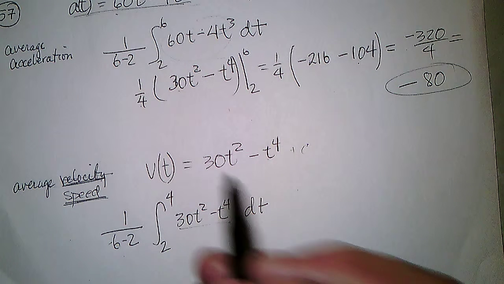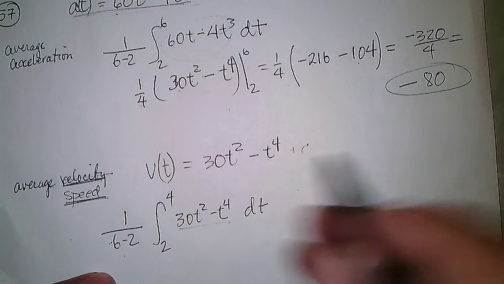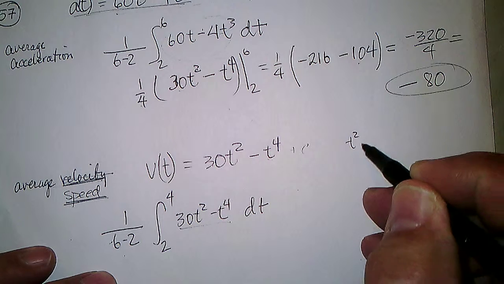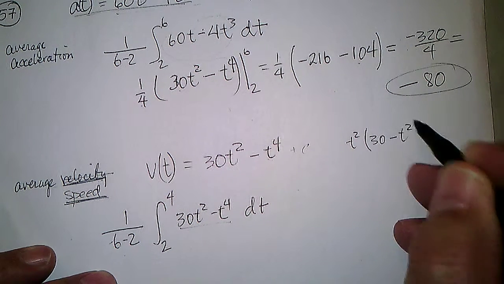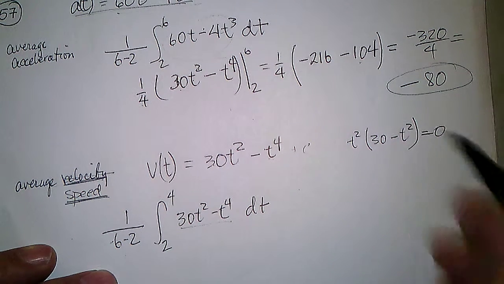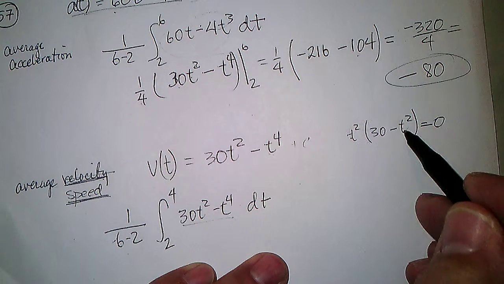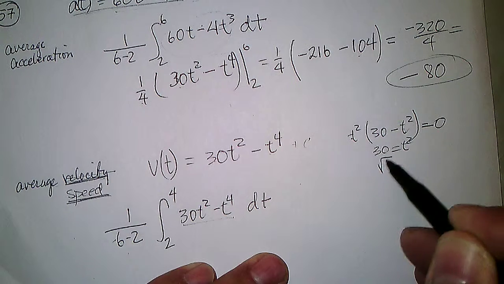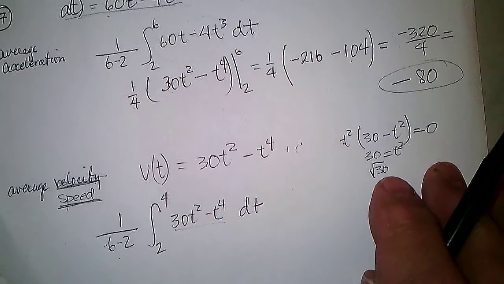So we have to find out if this is ever 0. Well, it's 0 at time 0. If you factor out t squared and find out if it's ever 0, that would happen at 0 and at 30 equal t squared, so at the square root of 30, which is a little over 5.